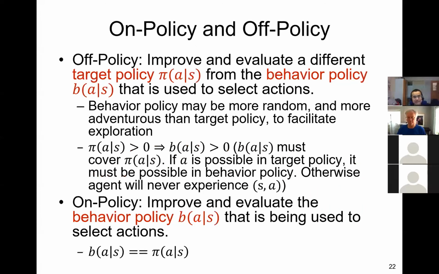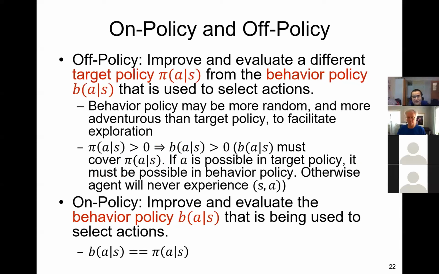So what's off policy? It means that you improve and evaluate a different target policy pi from the behavior policy B that's used to select actions. The behavior policy may be more random and more adventurous than the target policy to facilitate exploration.